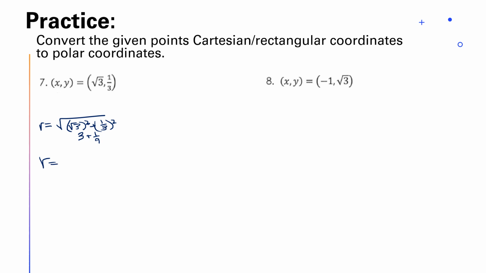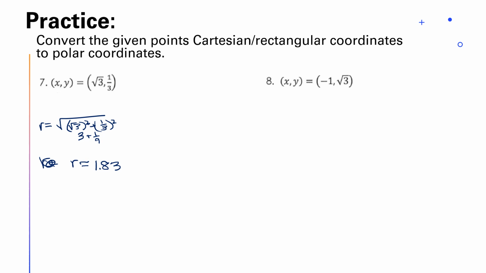I mean, not that you can't do it, but just go ahead and let your calculator do it for you. So we are going to get our value, as a decimal, about 1.8. So we're going to say the radius is approximately 1.83.